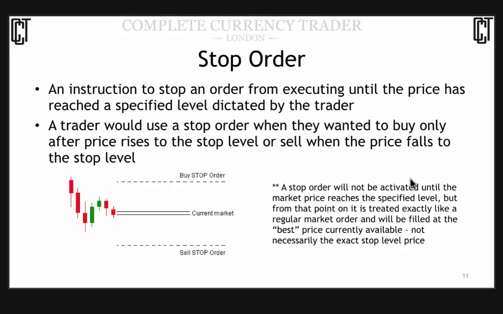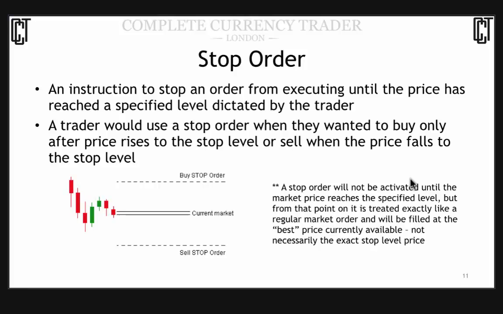A stop order is an instruction to execute an order once the price reaches a specific level that's dictated by the trader. The trader might use a stop order when they want to buy only after a price has gone to a specific level, or maybe they want to sell when a price falls to a specific stop level.